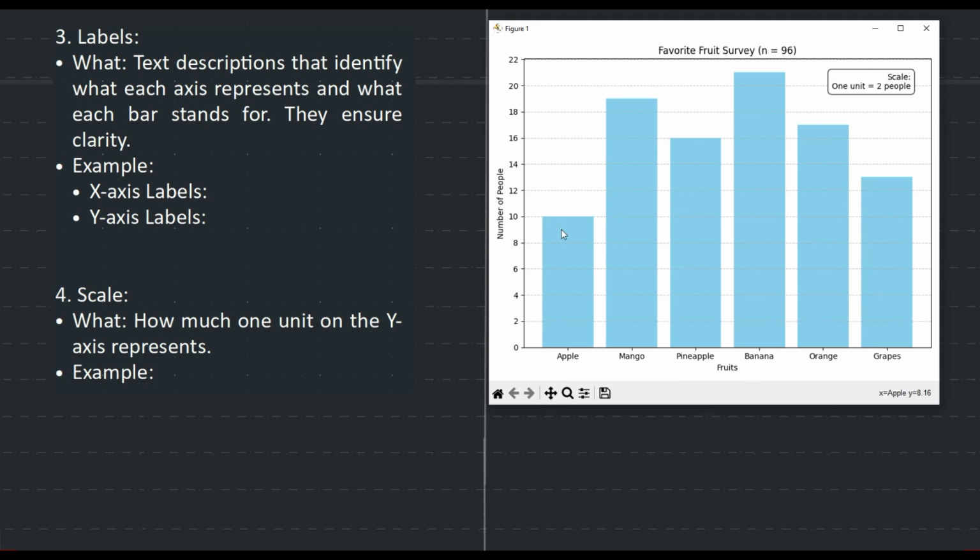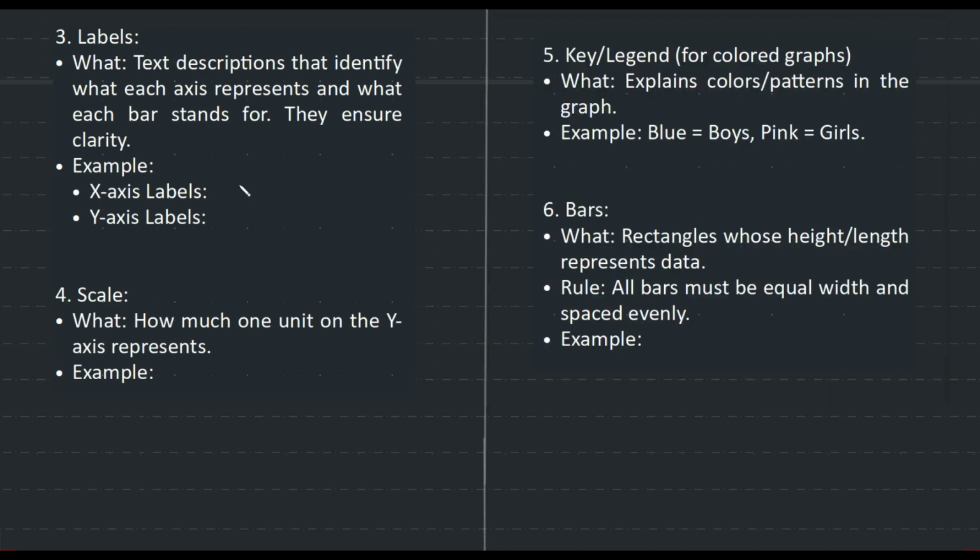So we have the x and y axis. So what does the x axis represent? Correct. Fruit. That is your label. What does the y axis represent? Number of people. This ensures clarity. In our case, it's fruit and number of people.